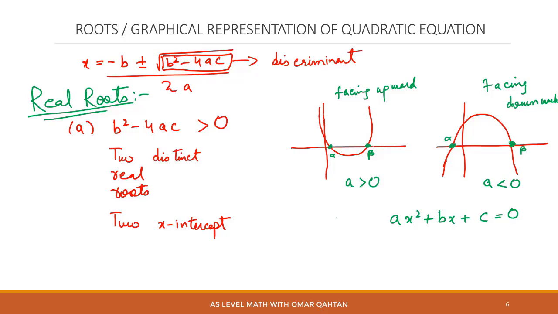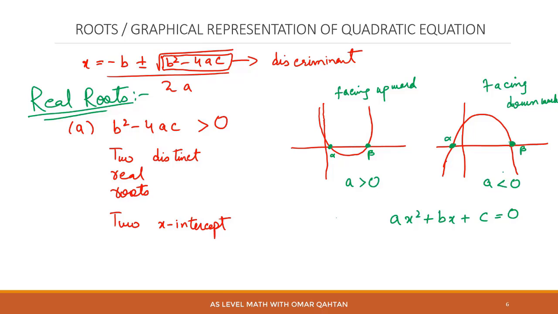There is a difference between these two graphs, because in the first one, a is greater than 0. If a is greater than 0, then the graph will face upward, or you could call it a happy face.